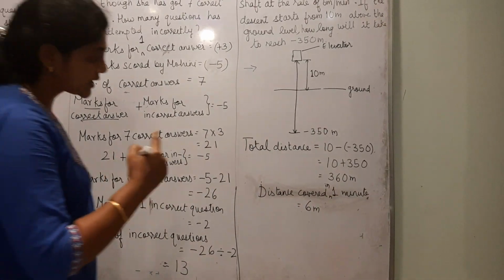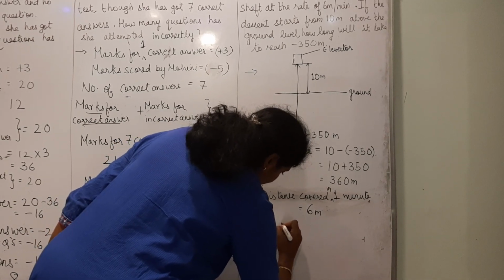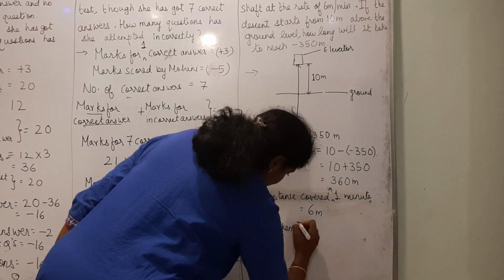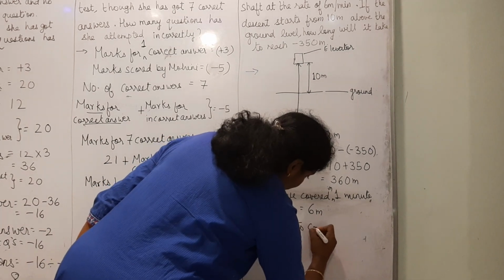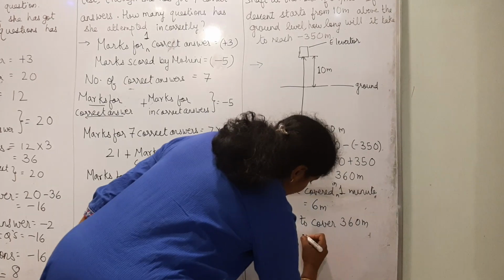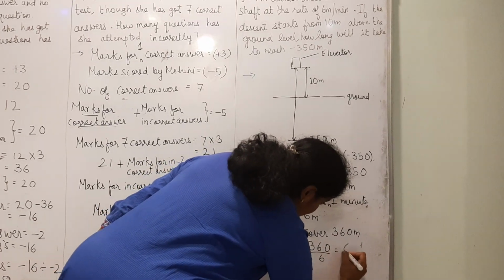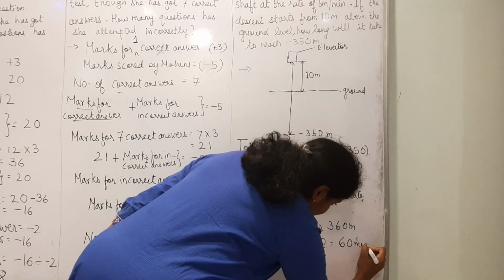So time taken to cover 360 meter is equal to 360 by 6. This will be 60 minutes.